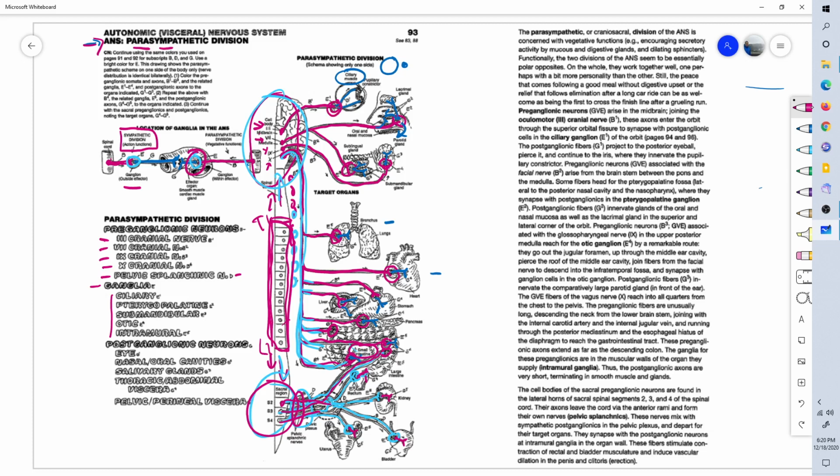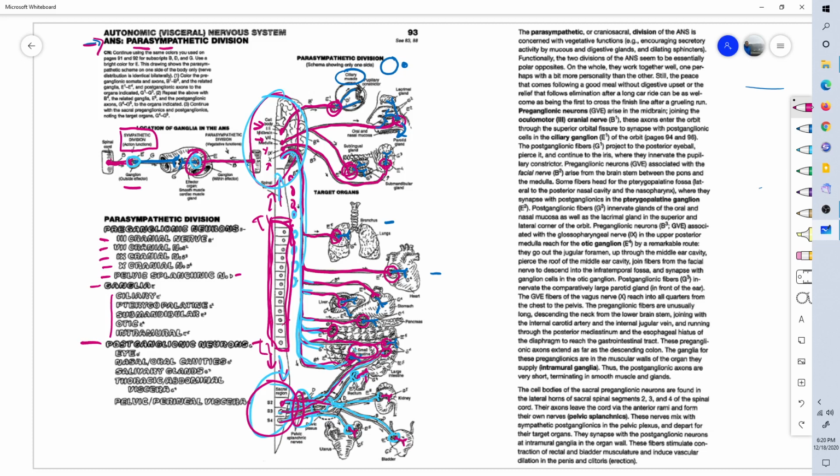The otic, for example, the submandibular, right down in here, etc. If they're not in the organ itself, they're very close to the area where the postganglionic nerves will be innervating.